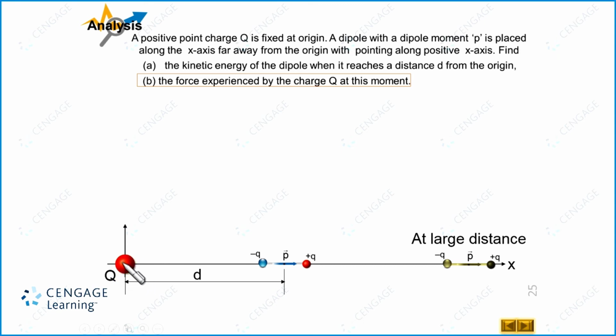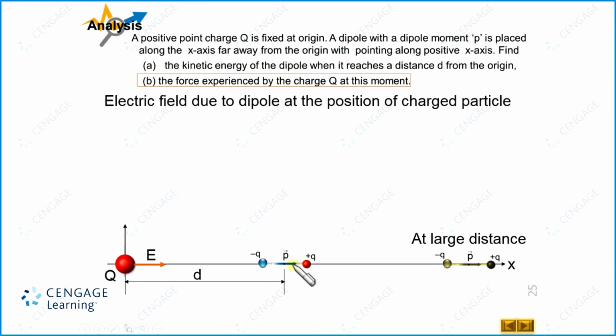We know at the axial position of the dipole the electric field vector is parallel to the dipole moment vector. That means the electric field at this position will be in the rightward direction. Okay, and we know the magnitude of this electric field also. We have the formula, that is 1 upon 4 pi epsilon naught 2P divided by d cube. This is the formula for the electric field because of this dipole.